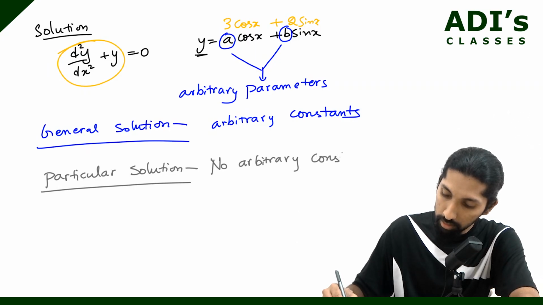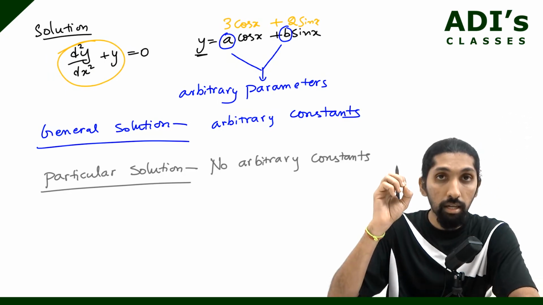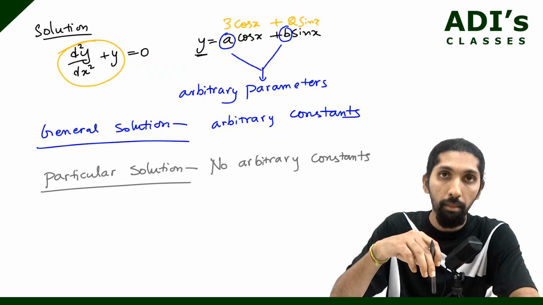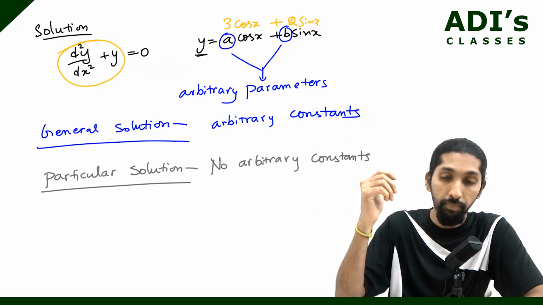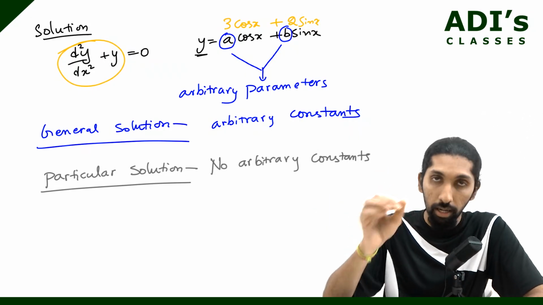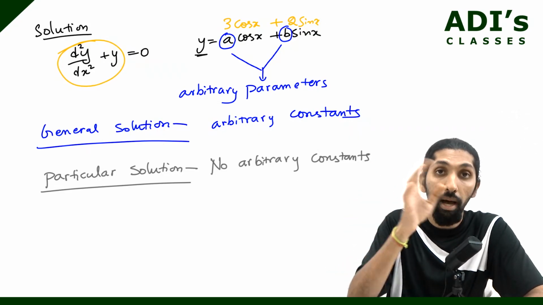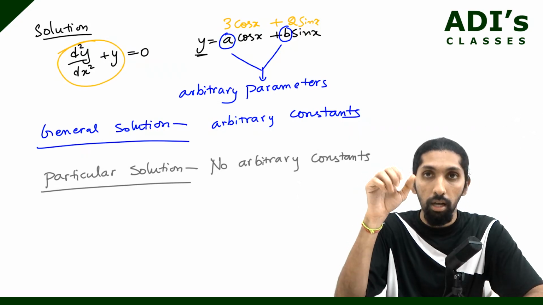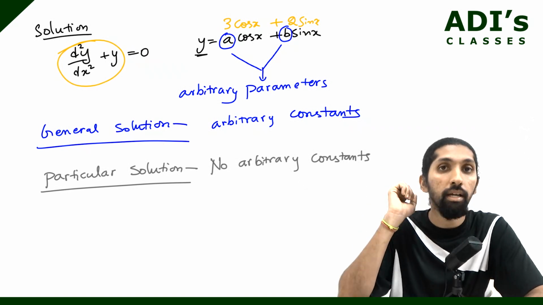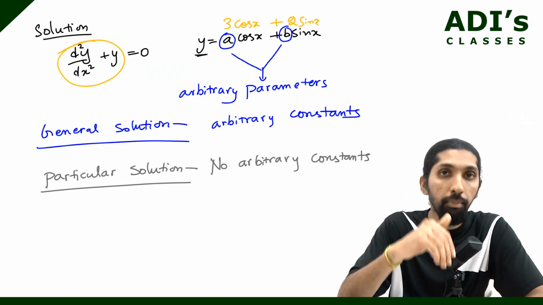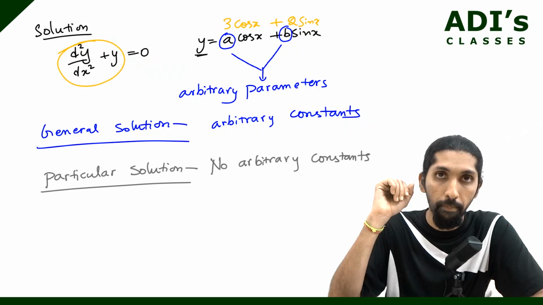This is what we call a particular solution. Don't you think it's a part of a general solution? Obviously. Whatever solution you have, like y is equal to whatever, if you substitute this back into the differential equation, you should get LHS equal to RHS. That is what we mean by a general solution or a particular solution, depending on how we eliminate the arbitrary constant. Fair enough?